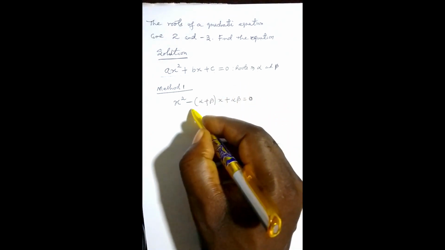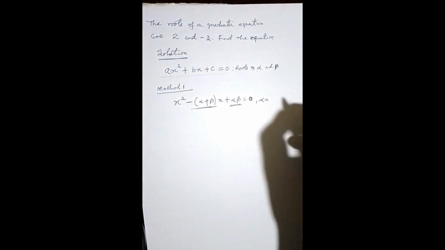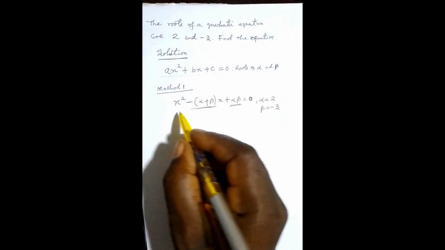So we have the two key parts: the sum of the roots and the product of the roots. We have our roots as alpha is 2 and beta is minus 3. Okay, so from here now, first we put down x squared minus alpha is 2.